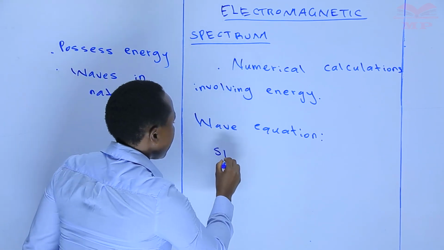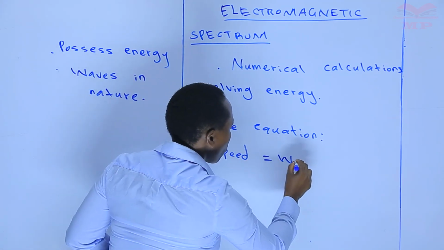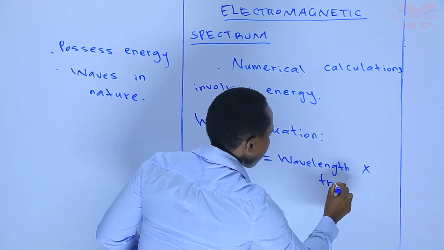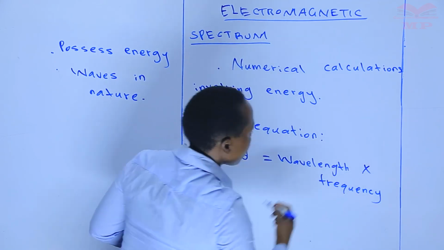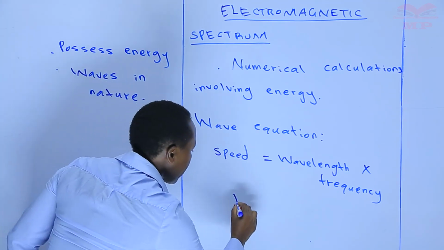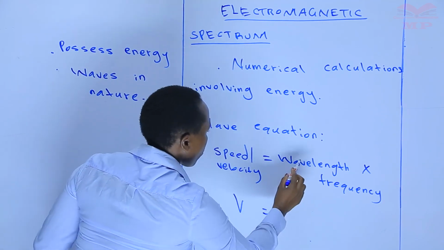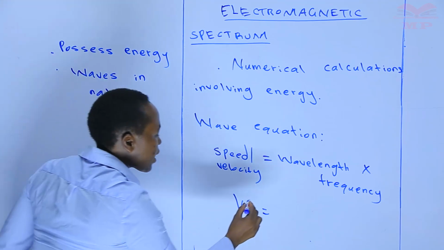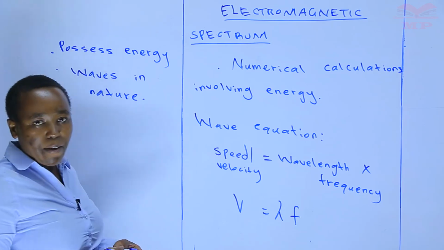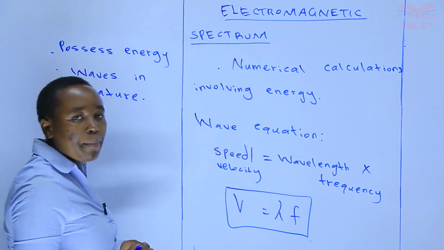We know that the speed or velocity of a wave is equal to wavelength multiplied by frequency. The symbol for velocity is V, for wavelength is lambda, and for frequency is small letter f. Therefore, V is equal to lambda f.